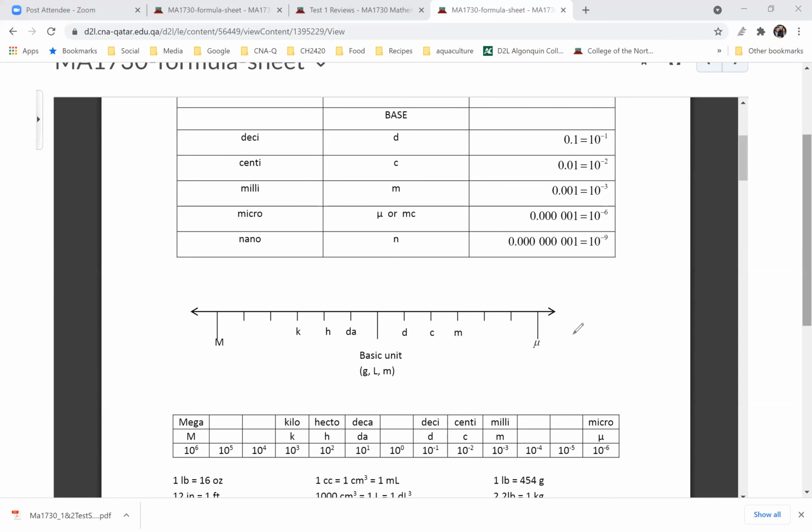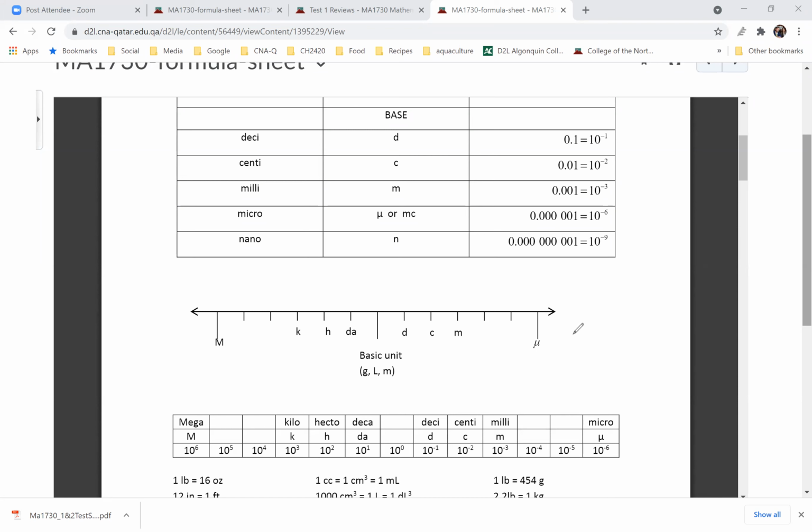Because I know, according to my conversion sheet, that 1 inch is 2.54 centimeters. So first things first, I want to find out how many inches are in 5 feet 7 inches.